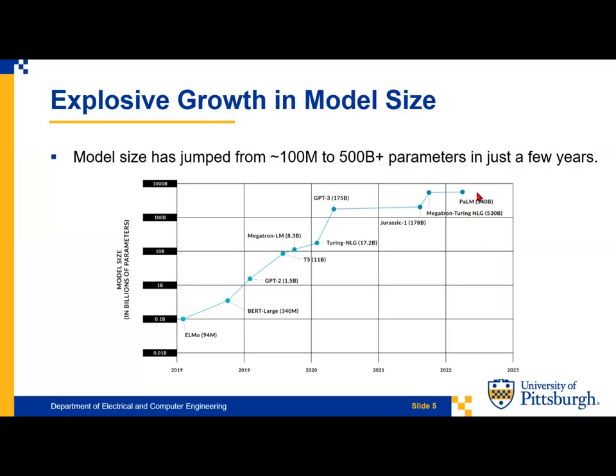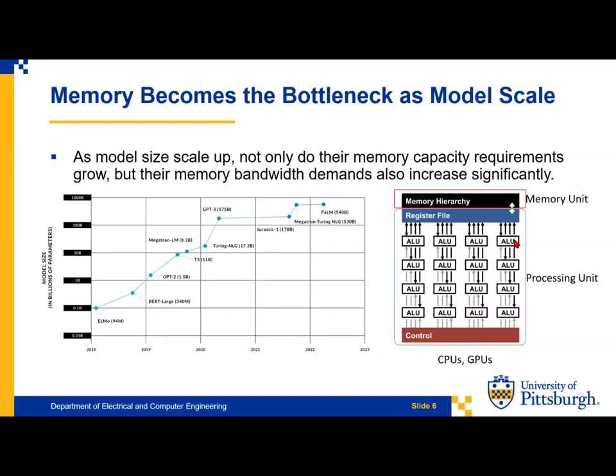So we can expect that in the future, the model size will continue to increase, right? So the memory bottleneck is an important issue if the model size continues to increase.